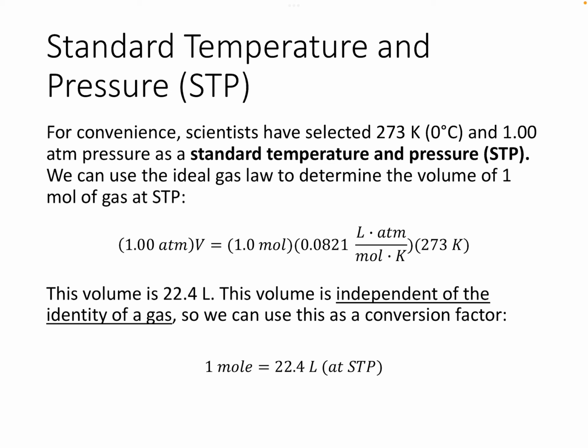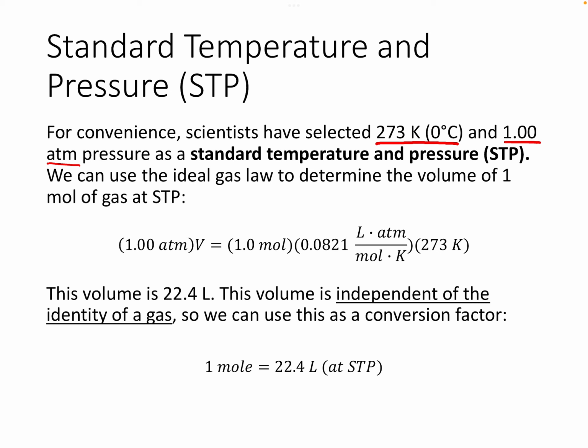So for convenience, scientists selected 273 Kelvin and 1 atmosphere as their standard temperature and pressure, which is also given the abbreviation STP. Now, what's also useful about this is we can plug those values into the ideal gas law.